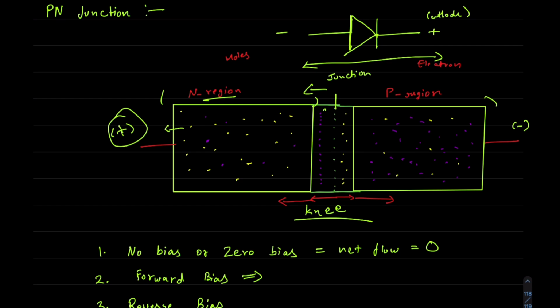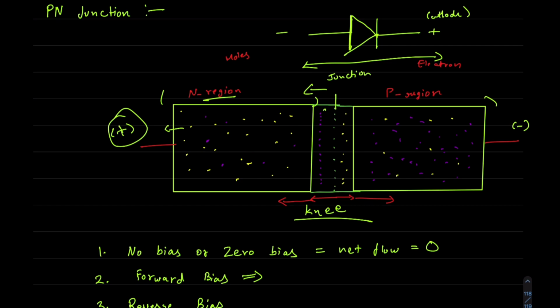But for these minority carriers, the reverse bias is actually forward bias, because we have holes in the N region, so they'll be able to move towards the negative terminal, and the electrons in the P region, the minority carriers, will be able to combine with the holes from the N region.